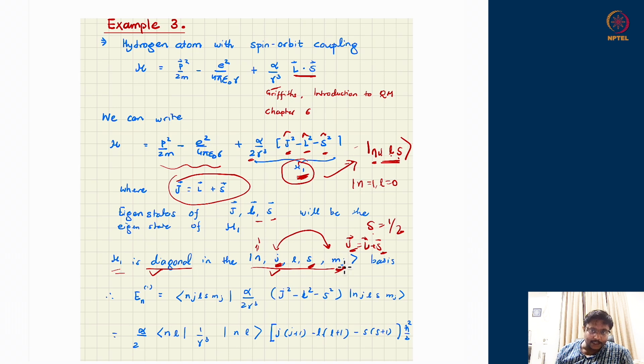It could be plus half or minus half. So there are two states even for n is equal to 1. Actually, that is how this 1s1 and 1s2 come about in n is equal to 1. One is electron up and one electron with spin down. They will both have the same energy. So first state, ground state, two electrons can live. This is a degenerate perturbation theory, right? Because 1s1 state and 1s2 state both have the same energy.